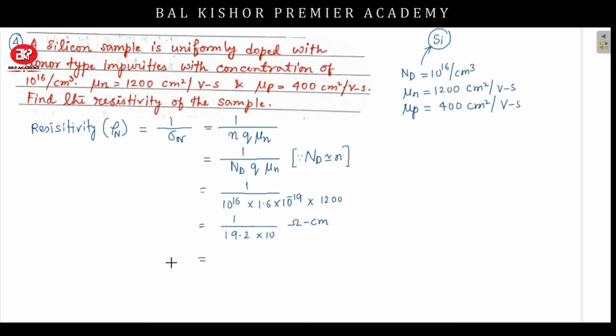So the final value of the resistivity rho n will be 0.5208 ohm centimeter. This is the value of the resistivity of the given sample in numerical 4.